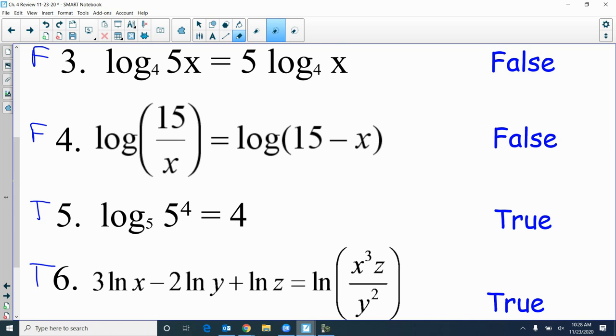So for this first one here, it would actually be log of 15 minus log of x. Okay, you have to write that, which would not be the same. When you're taking the log of something, you can't think of that as a distributive case. It's just log of that thing. So for this to be true, it'd have to say log of 15 minus log of x, which is not the same as that. Okay? Others? Okay, good.